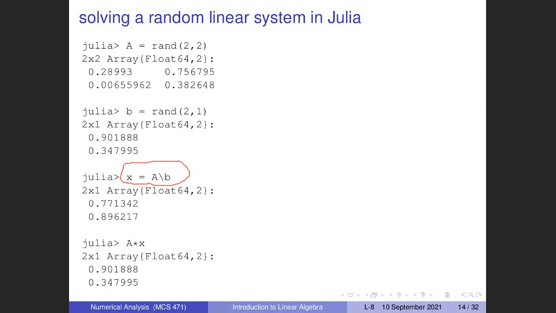And what this slide shows is that if you are having the system A times X equals B, then this is here verified. So we make a random matrix or random vector, and if we do the matrix vector multiplication, where the vector is the outcome of the backslash, again, it's not the division operator, please don't confuse it with that, then actually you have the exact right hand side here.